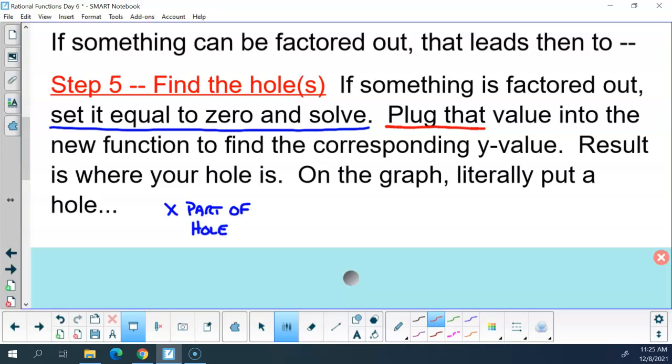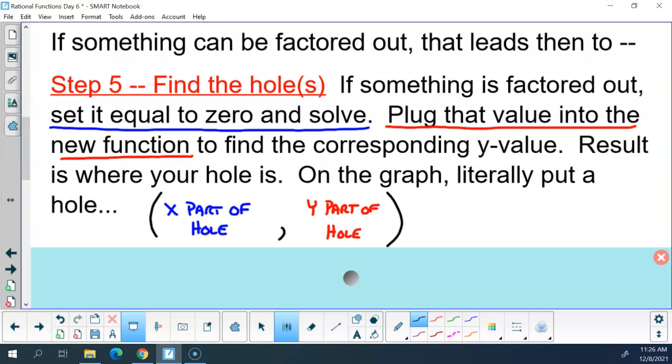When we plug that value into the new function, we get the y part of the hole. Your hole is a point, and it is literally a circle on your graph, a black hole, if you will.